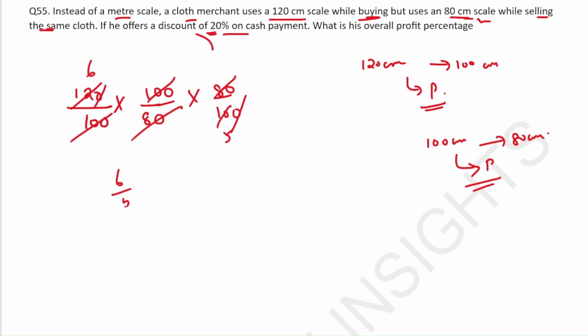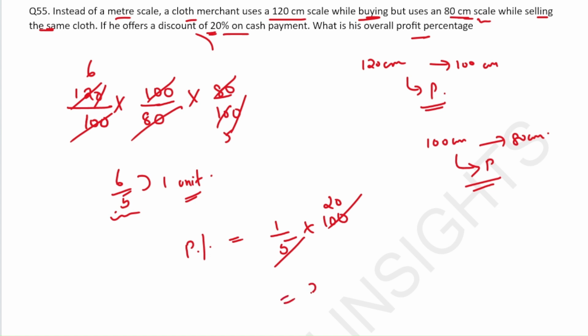So 6 by 5. That means the merchant is getting a profit by 1 unit, right? So we have to find the overall profit percentage. So profit percentage will be 1 divided by 5, always with respect to the cost price, right? In 200 will be 20. That means the profit percentage is 20%.